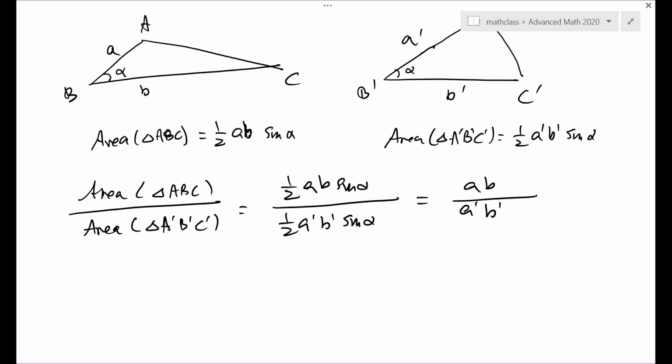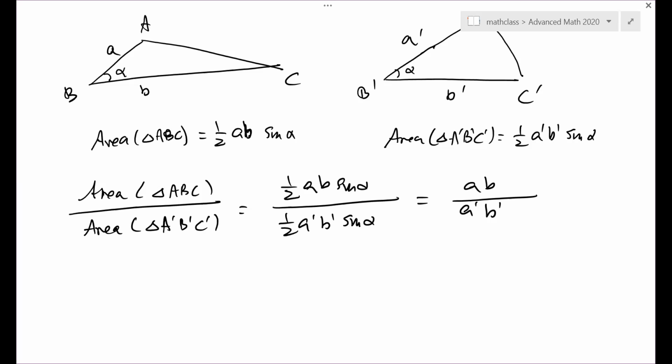This is a very interesting result, so we can use that to solve other problems using comparison.